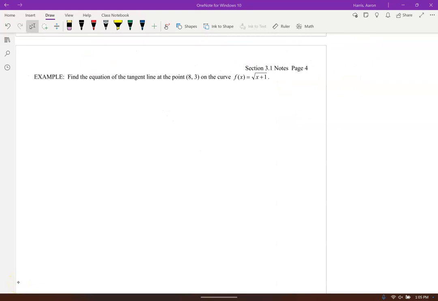All right, this next one here, we've got square root of x plus 1. Looks a lot like square root of x, except it's moved to the left one. And I should have that go through 3.